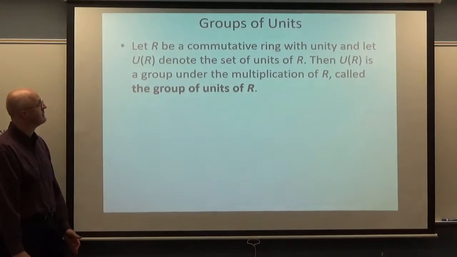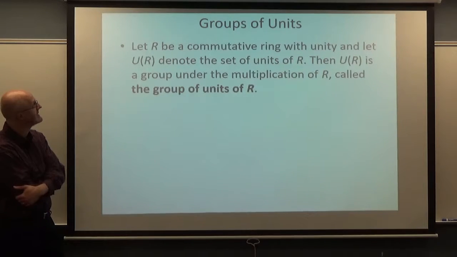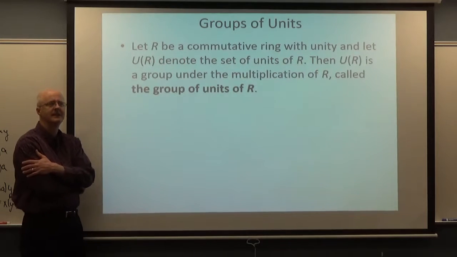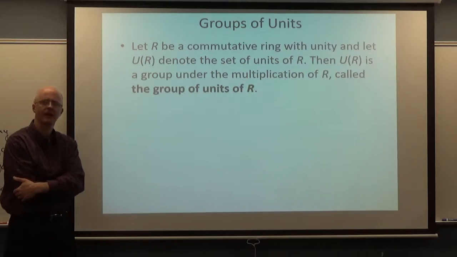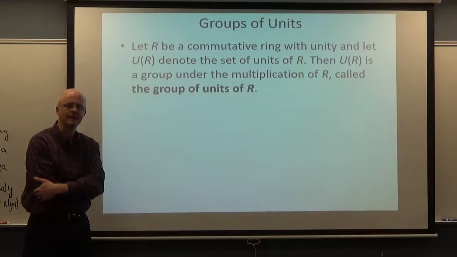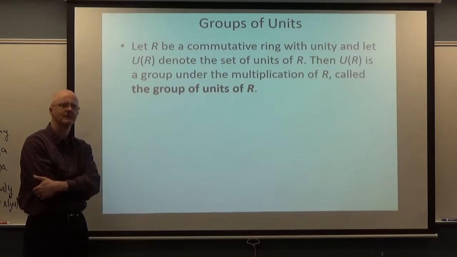Every ring, every commutative ring at least, with unity, has a group of units, U of R, called the group of units of R. U of R is the set of everything in the commutative ring with unity that is a unit of the ring, has a multiplicative inverse.